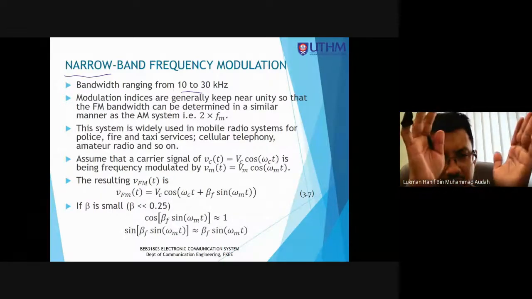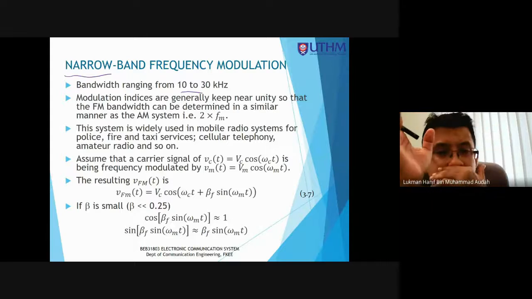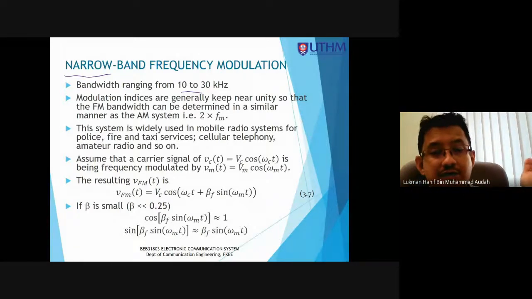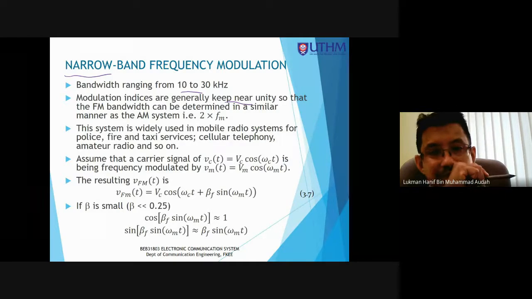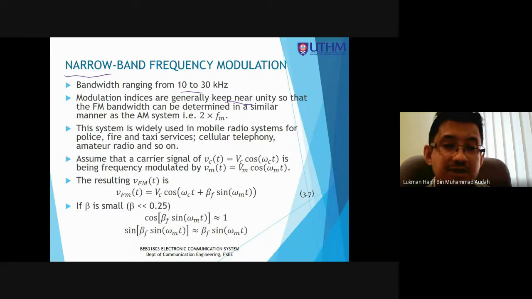So kalau bandwidthnya antara 10 sampai 30, tu kita katakan kecil lah untuk frequency modulation. Okay, so modulation index is kept near unity so that the FM bandwidth can be determined in a similar manner as the AM system. So for narrowband FM, the way we calculate the bandwidth is actually 2 times fm.